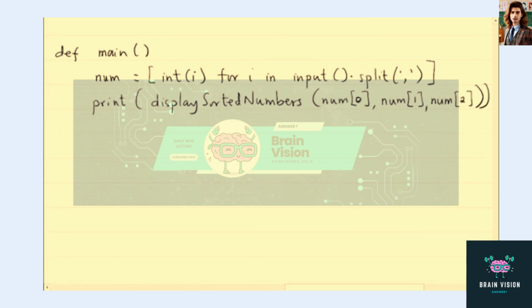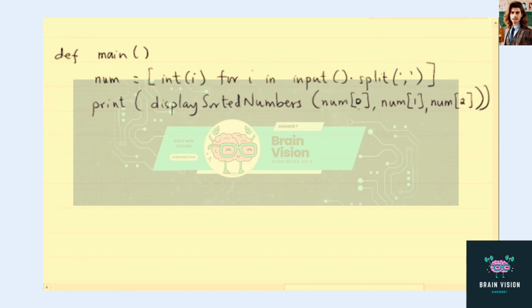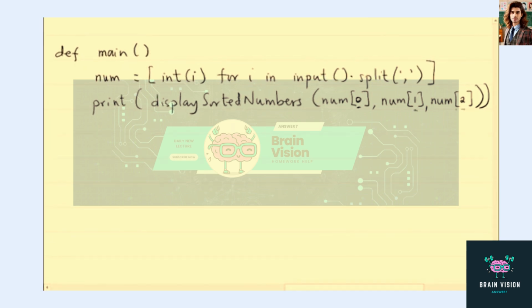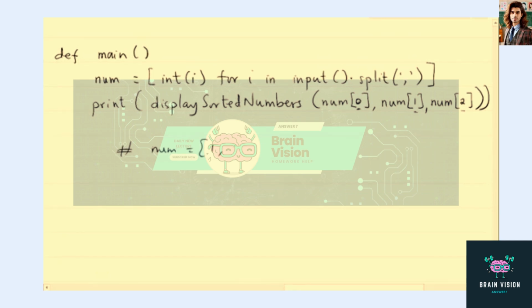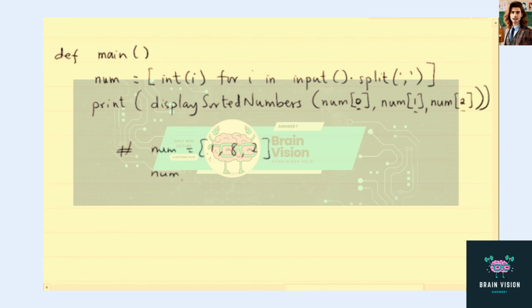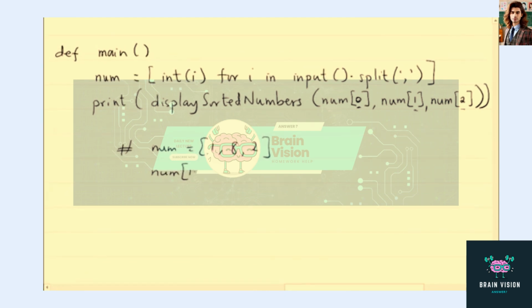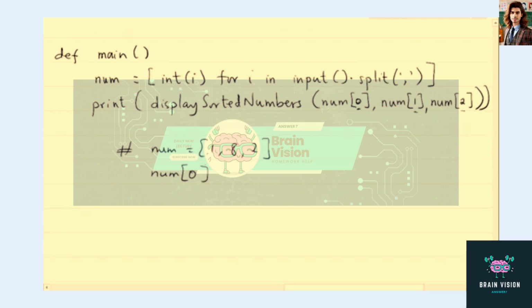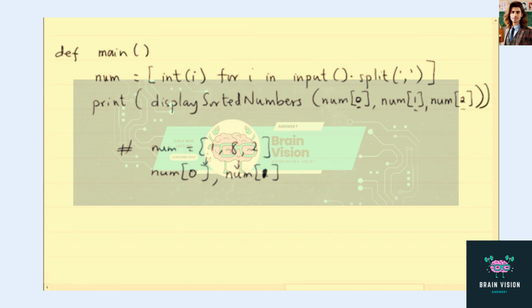Okay, so this will refer to the index of the first, the index of the second, the index of the third. So for example, if we have the numbers equal to 1, 8, 2. Now if I call num of 0, it would refer to the first index. If I call num of 1, it would refer to the second index.